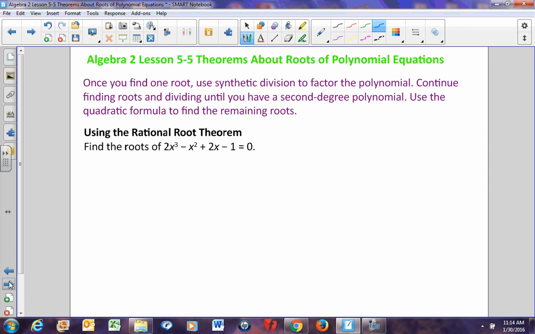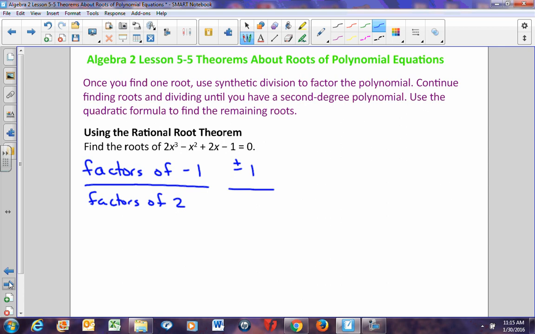So I want to find the roots of 2x to the third minus x squared plus 2x minus 1. Okay? So I need the factors of negative 1 divided by the factors of 2. So the factors of negative 1 are plus and minus 1.